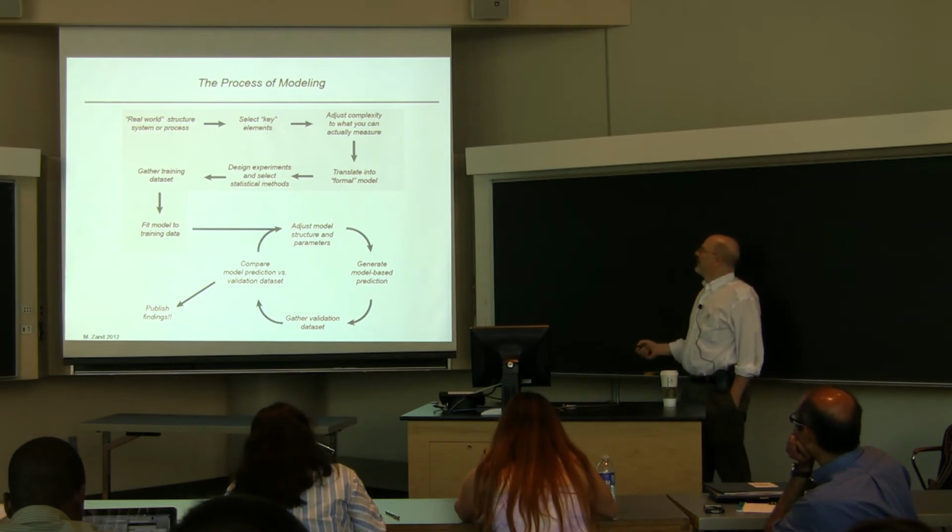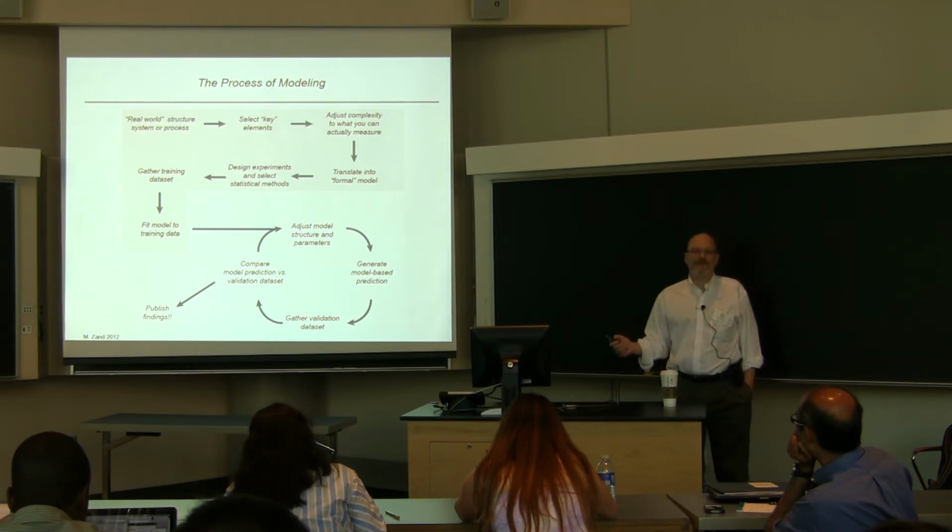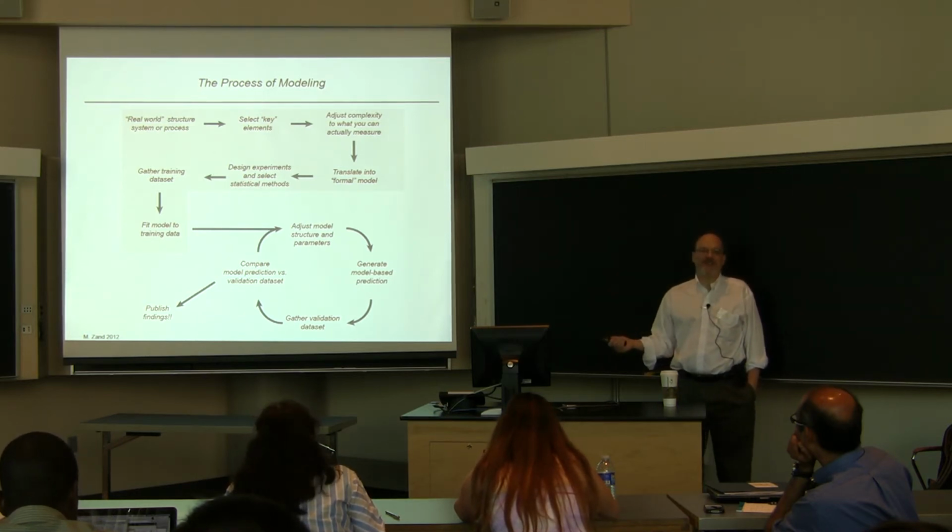Not true. Okay, so translated into a formal model, which means in a mathematical language or some other type of rule-based representation, design the experiments and select the statistical methods, gather the training data set. Okay, you need 2 data sets for your model.